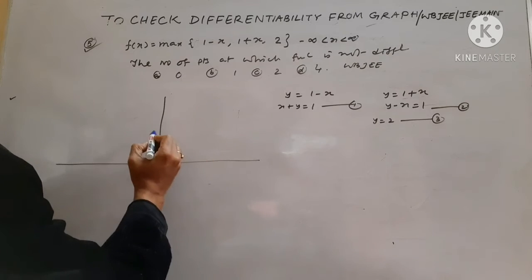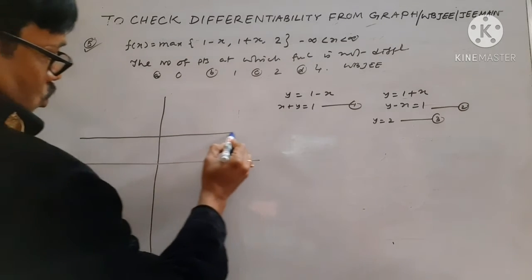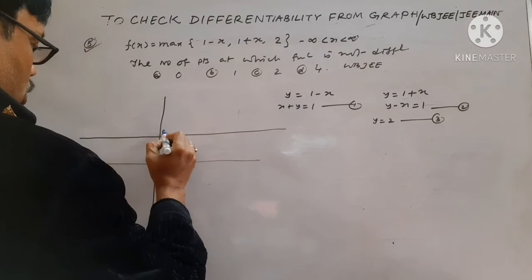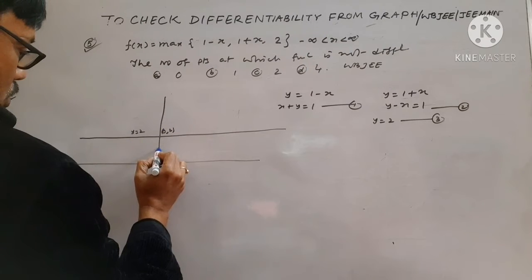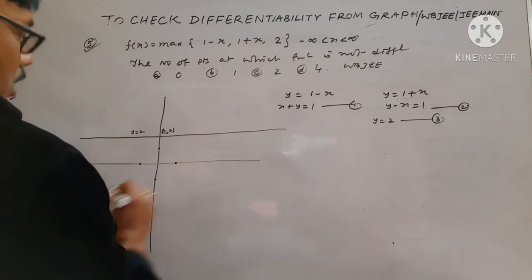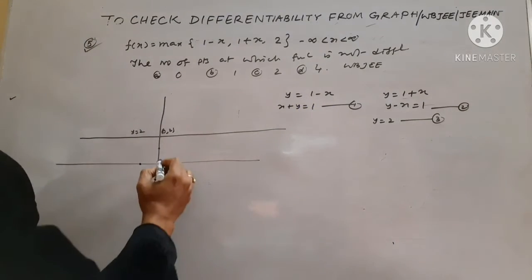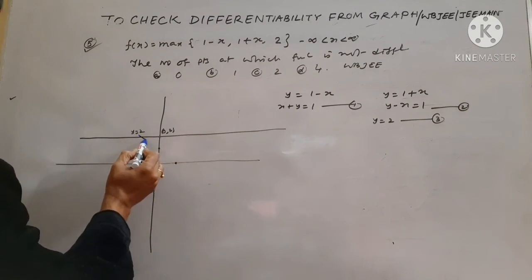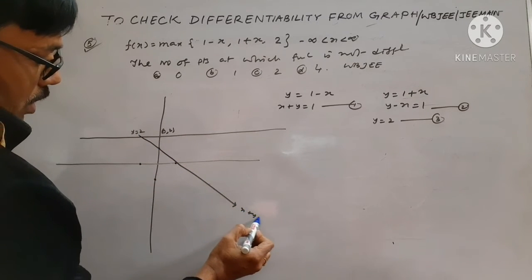So y equals to 2. This is 0, 2. First line is x by 1, y by 1 equals to 1. So this is x plus y equals to 1.